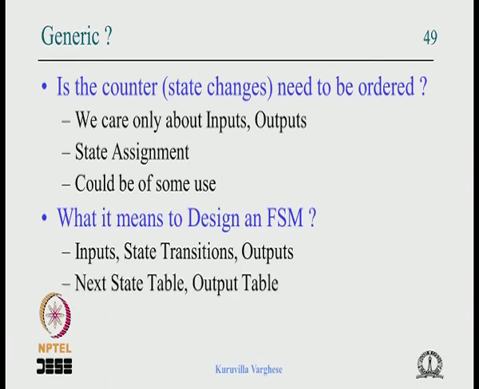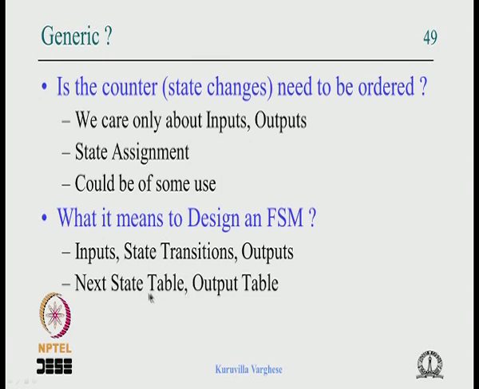Essentially when you are designing an FSM, we have some specification, some timing waveform, and we translate that into basically inputs, state transitions, that means a sequence of states, and in each state what are the outputs, that is what we are going to design, and from there we can derive the next state table and the output table.